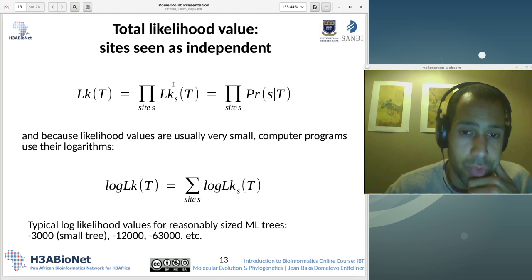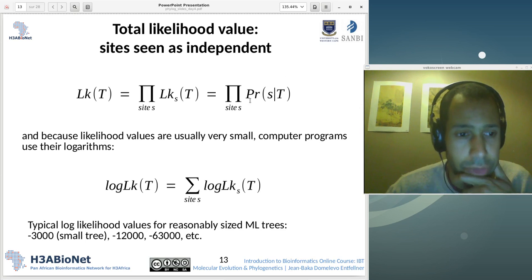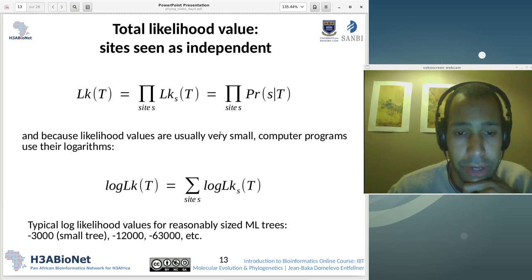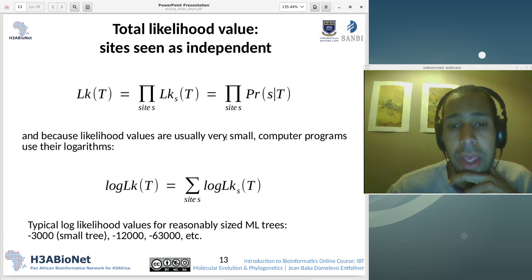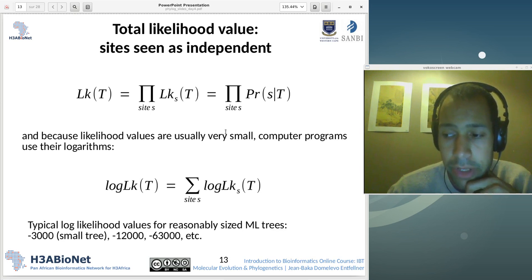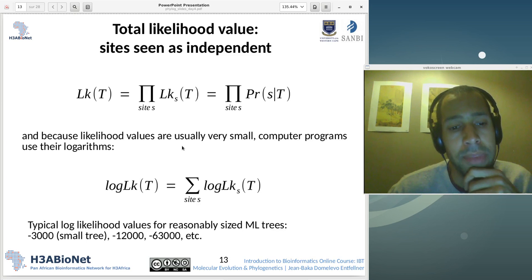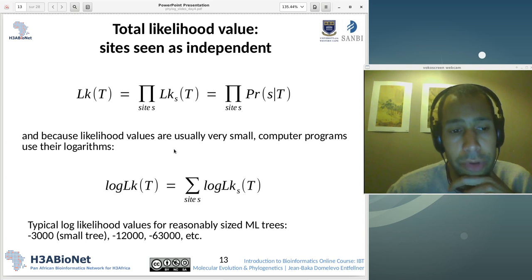So it translates into a product of probabilities if you consider the sites as independent from each other. And when you have a product of likelihoods, these likelihoods are probabilities, okay? And because likelihood values are usually very small, in order to avoid technical issues of numerical accuracy on computers, because computers are not good at dealing with numerical values that are very close to zero with accuracy, computer programs very often use logarithms.